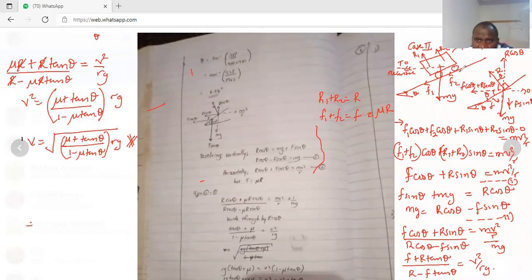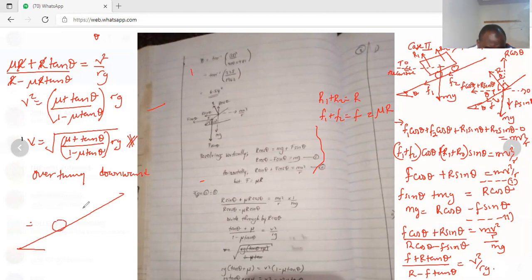Then if it wants to overturn downwards, that one you're going to derive, you just reverse the friction. You derive it for me right now, so that I see whether people were following. If we are overturning downwards, there is a tendency of friction acting upwards.